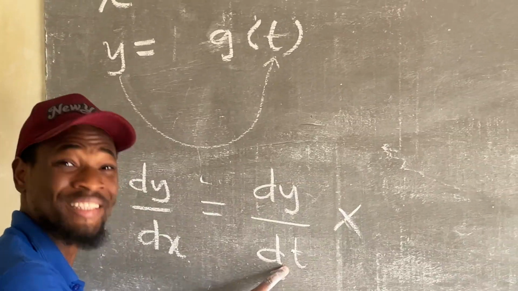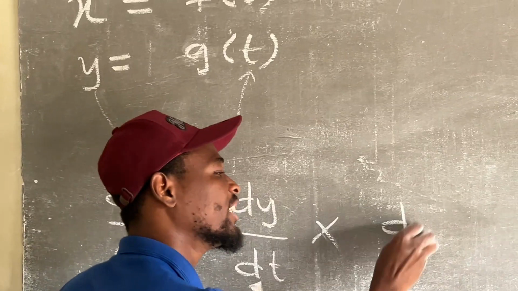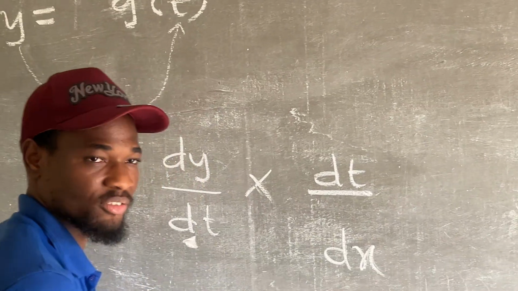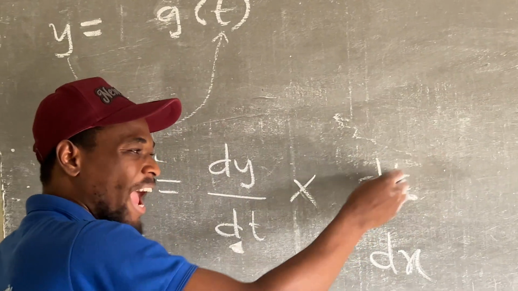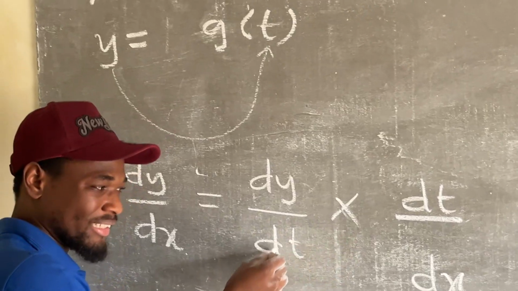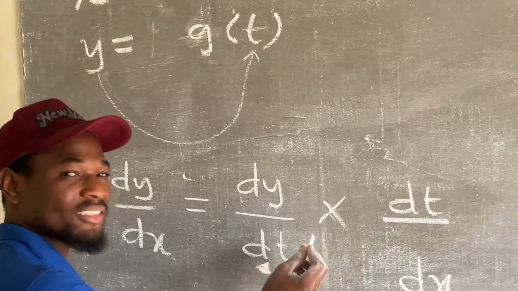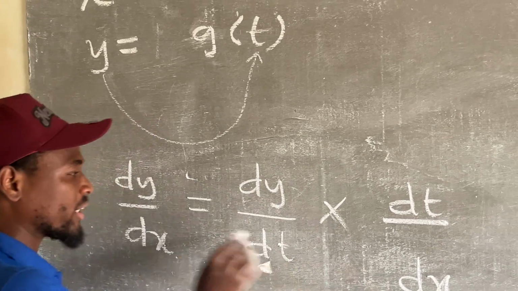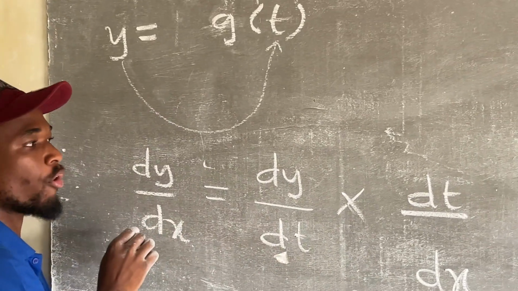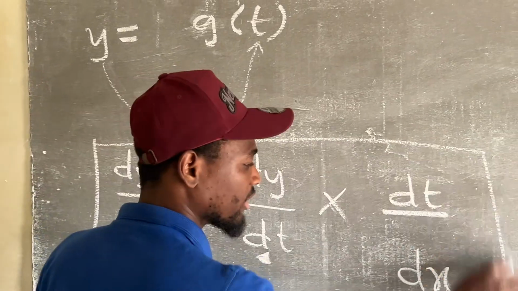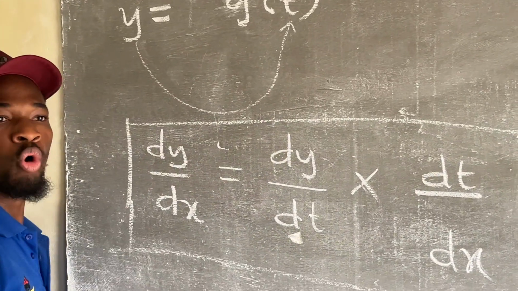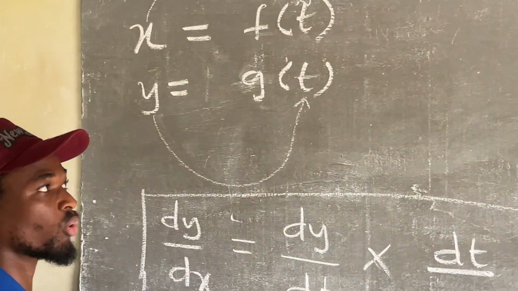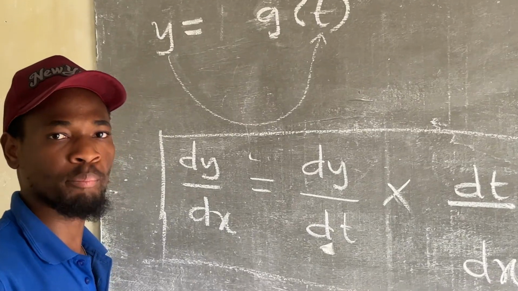The denominator here is dt. So you write dt over dx, so that when dt cancels out dt, I have dy over dx, which corresponds to this. So this is valid. We'll be using this chain rule formula to differentiate parametric equations, as simple as that.